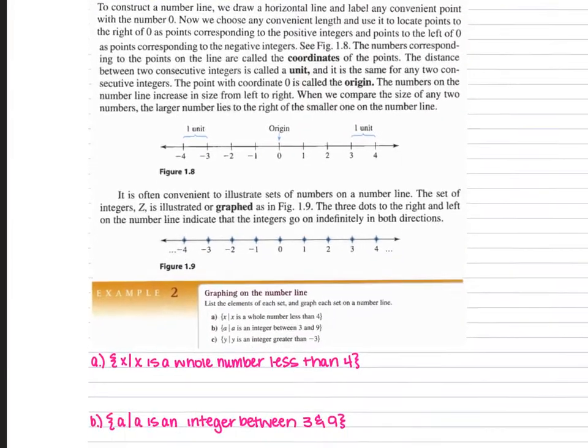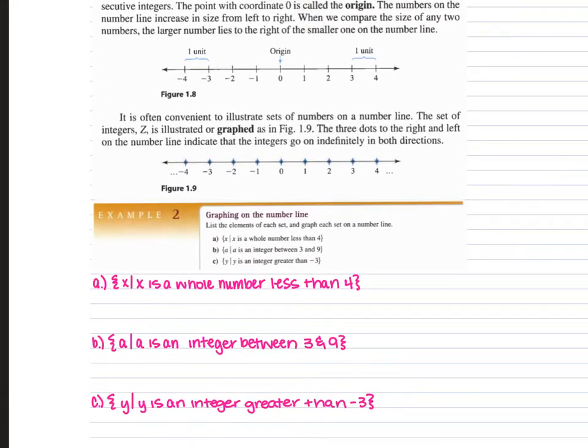So graphing on a number line, we're just drawing the number line with the numbers that surround the numbers that we're working with and plotting points. So for example 2, we're listing the elements of each set and graphing each set on a number line. A says X is a whole number less than 4.